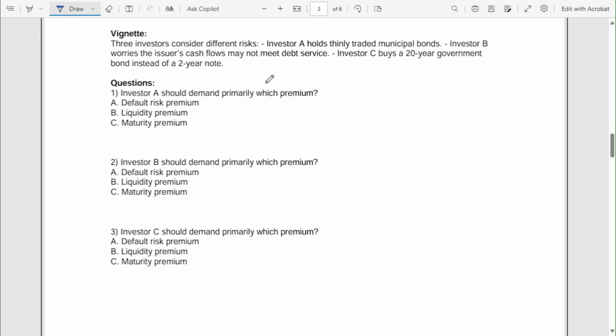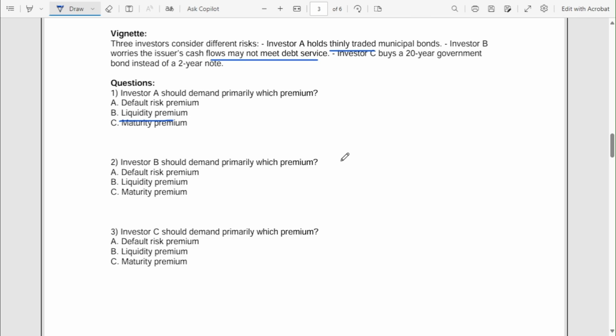Well, since investor A holds thinly traded municipal bonds, thinly traded here means there is not much demand for these bonds, meaning they are not traded a lot. In other words, it is not liquid. So this investor is concerned with liquidity, and the compensation for that is liquidity premium. Second, investor B should demand primarily which premium? Okay, let's see what investor B's concern is. It is about the payment of debt service.